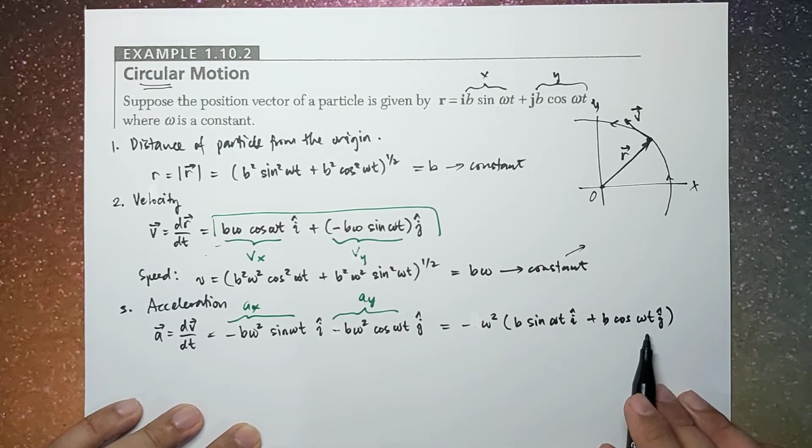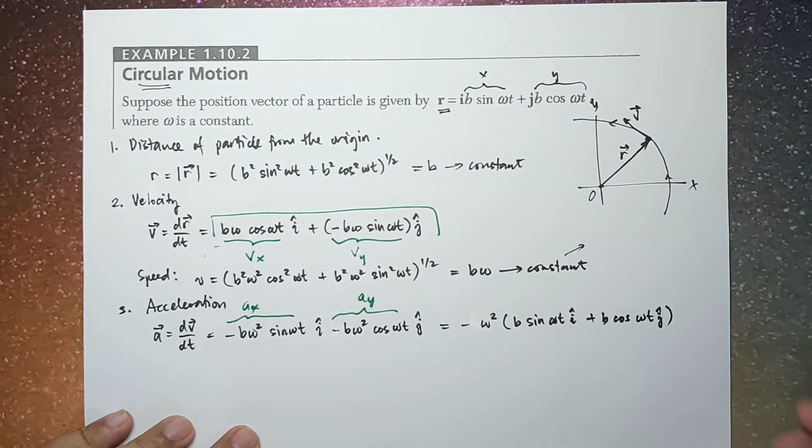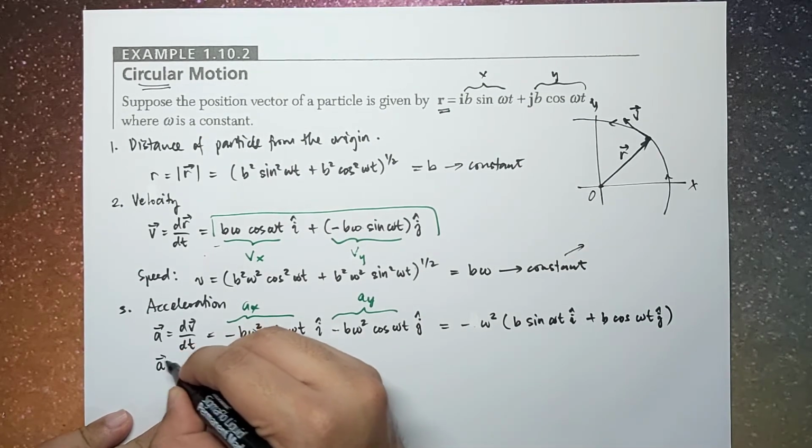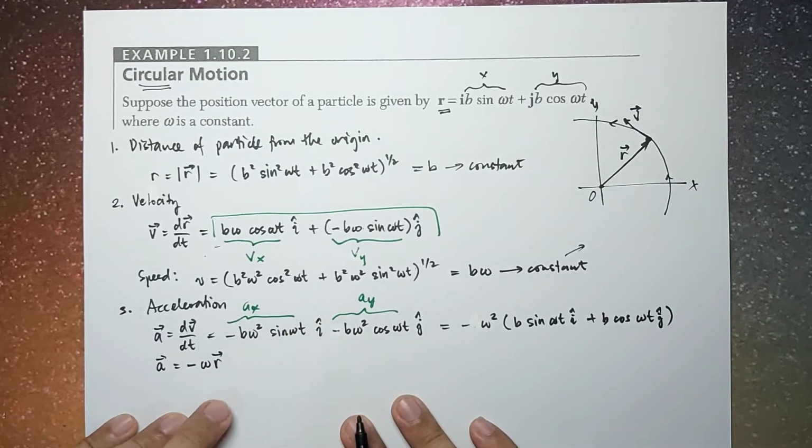And what is this? Yes, correct. This is your position function. So in other words, the acceleration is just equal to negative omega squared r.